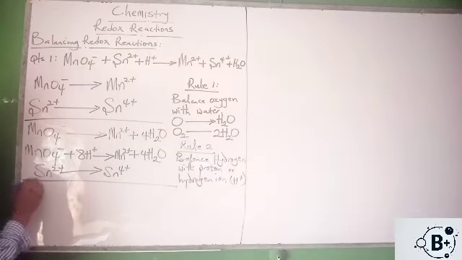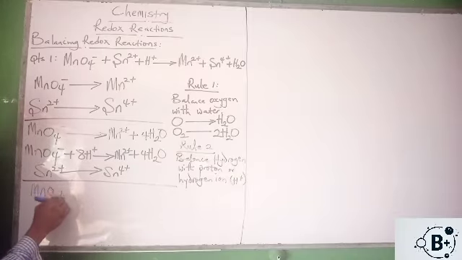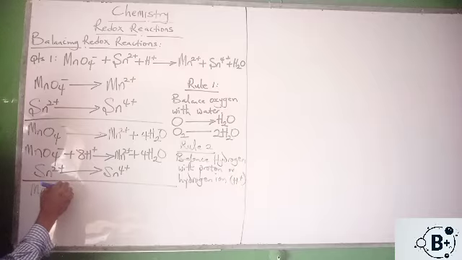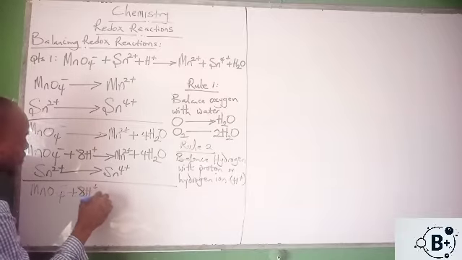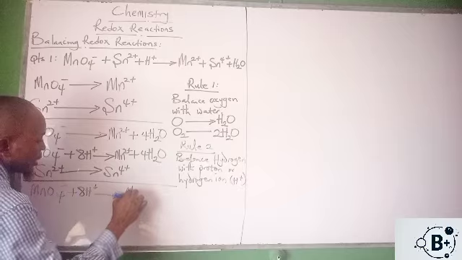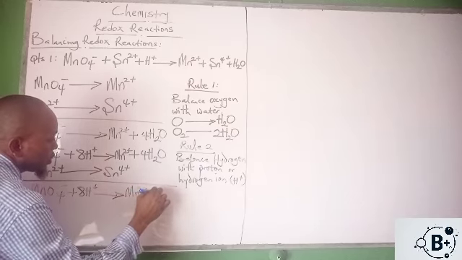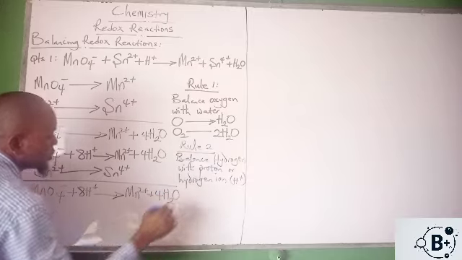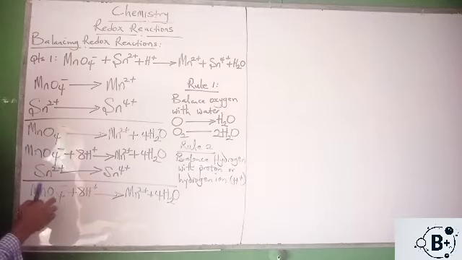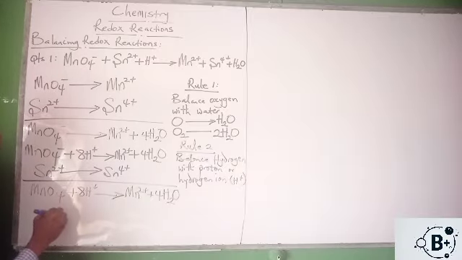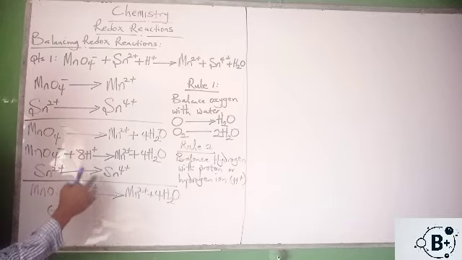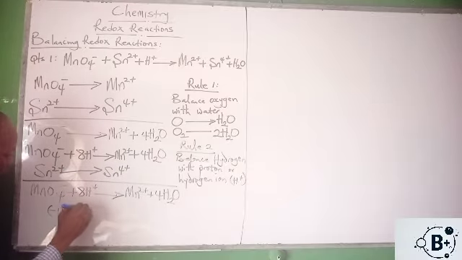MnO4-, tetraoxomanganate 7, plus H+ gives us Mn2+ plus 4 molecules of water. The charge on the tetraoxomanganate is minus 1, plus the charge on the proton, 8 times plus, that is plus 8.